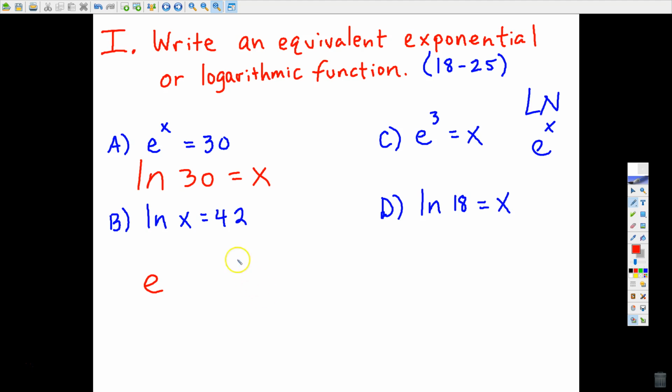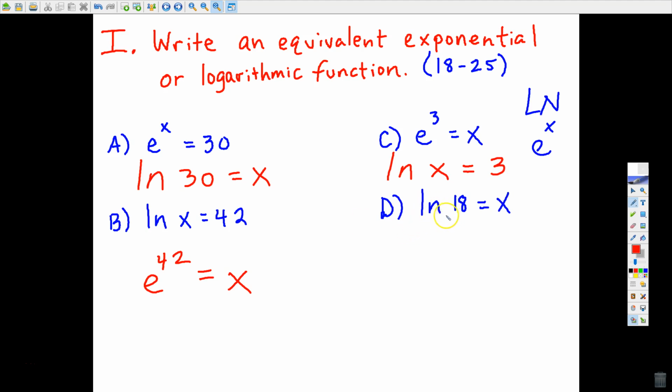So this would look like e to the 42nd power equals x. All right, letter C, another e to the power exponential equation. So in natural log form, it would be natural log x. Logarithms always equal exponents. So natural log x equals 3.